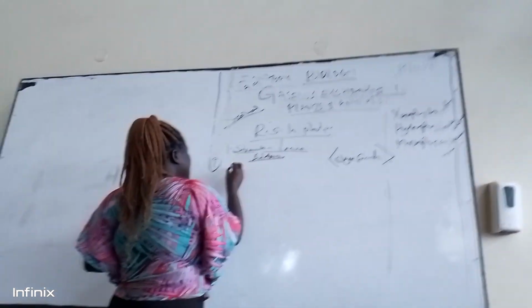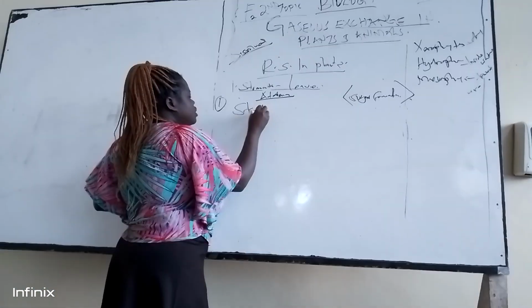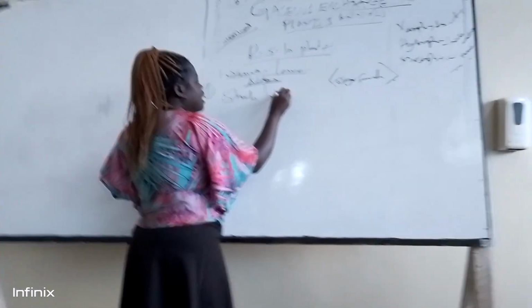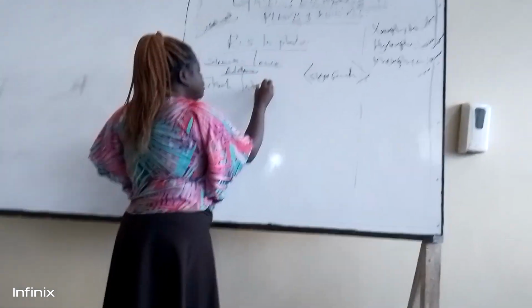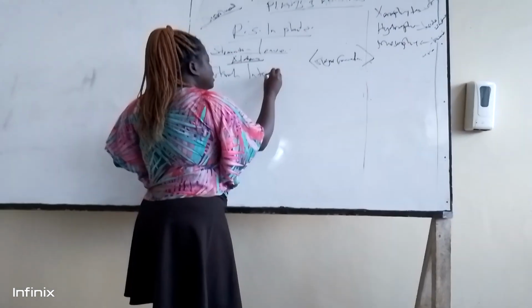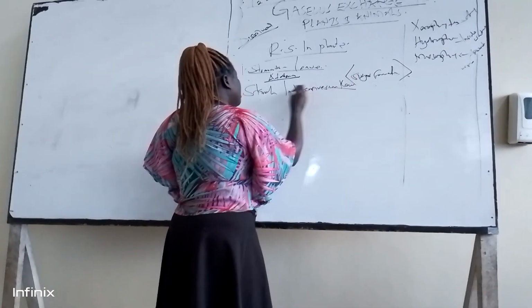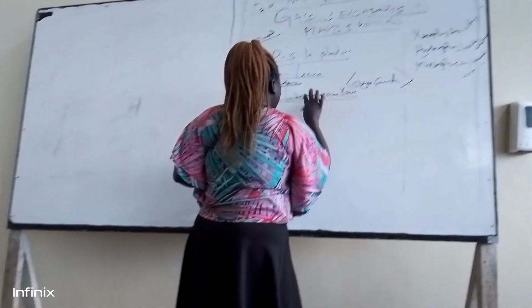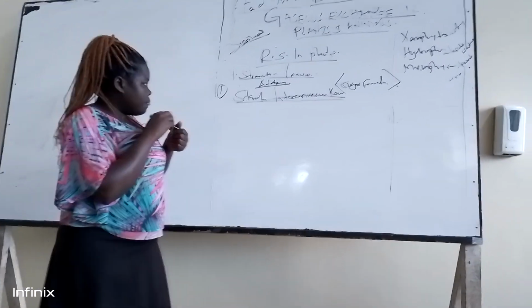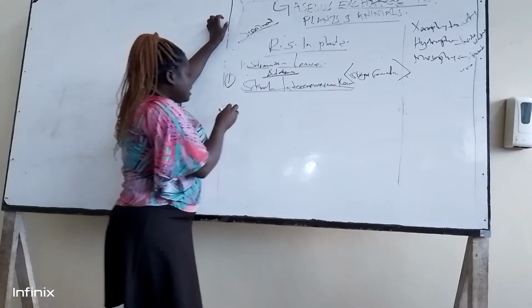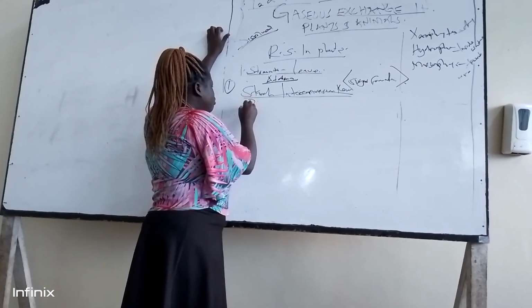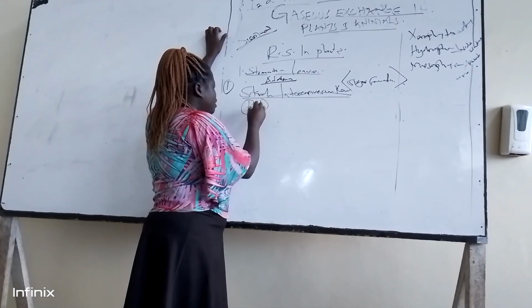Second theory is the starch interconversion theory. This talks about the changing of pH.